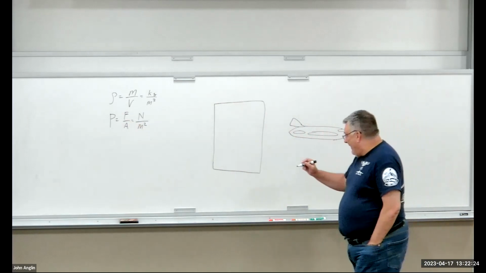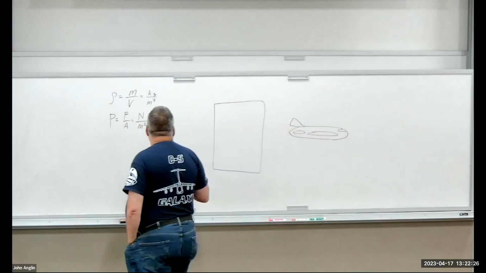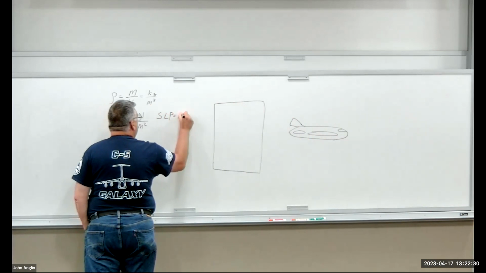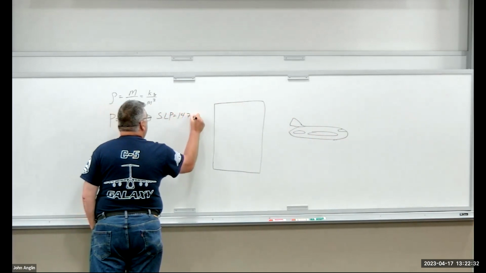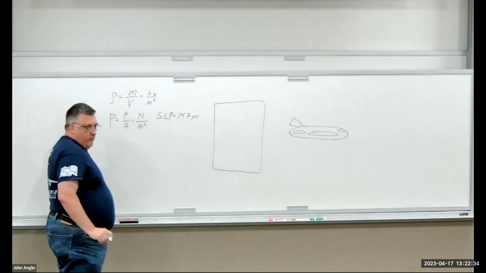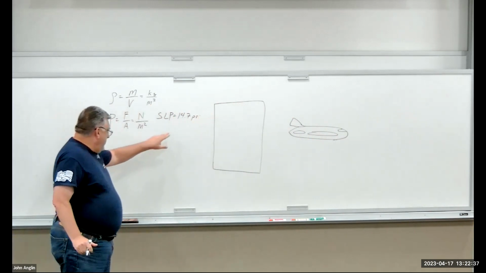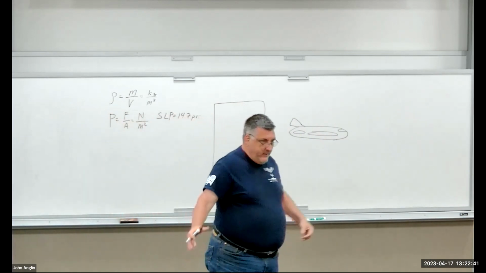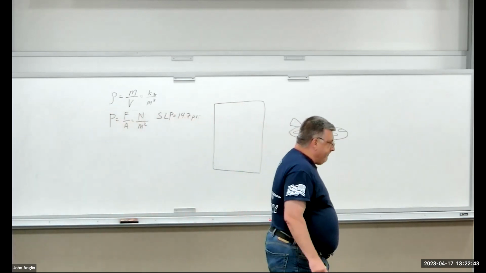So typically at sea level, our sea level pressure, SLP, is 14.7 pounds per square inch. That's just normal atmospheric pressure.